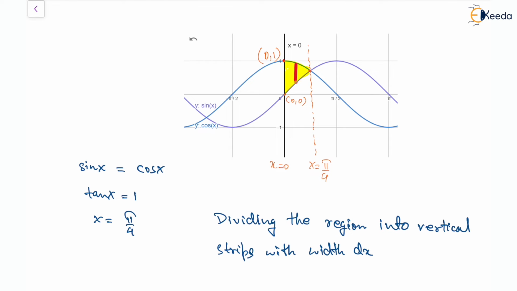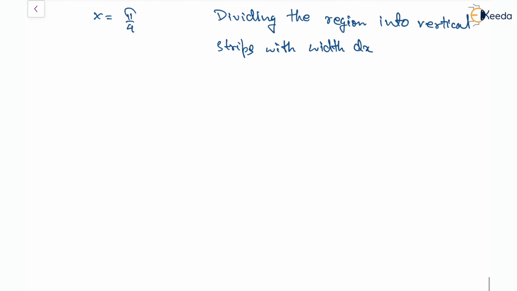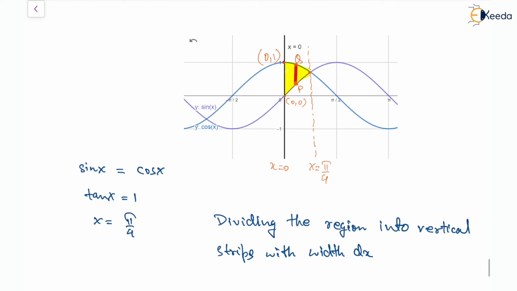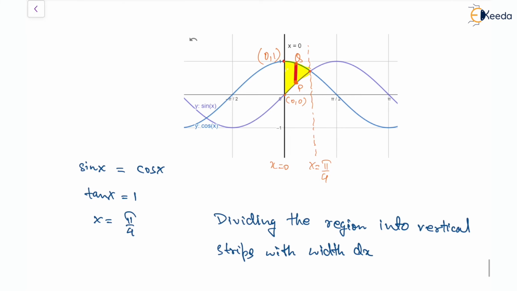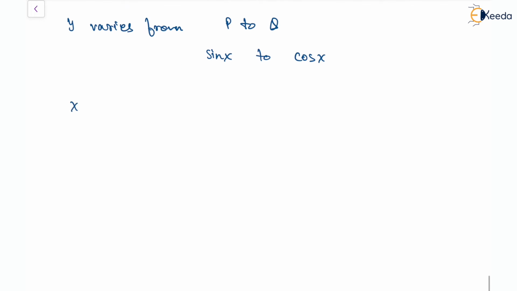We can see that the starting point, let's say P, and the end point Q. The starting point P lies on y equal to sin x, and the end point Q lies on y equal to cos x. So we can say that y varies from P to Q, which is from sin x to cos x. And x varies, as we just saw, from 0 to pi by 4.